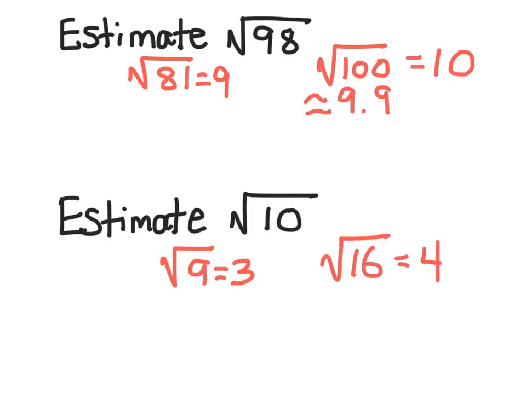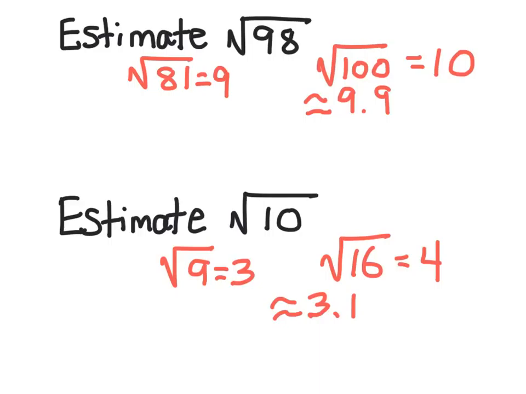So square root of 10 is between 3 and 4. However, it's a lot closer to 3 than it is to 4. So this one, I would guess 3.1 or 3.2, one of those two numbers. So I'm going to go ahead and guess 3.1. And if I'm off a little bit, that's okay, because again, it's just an estimate.